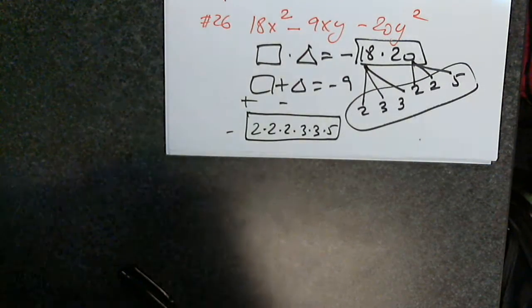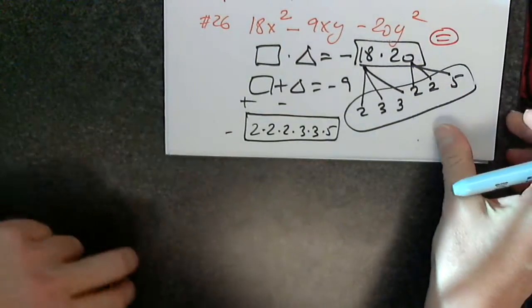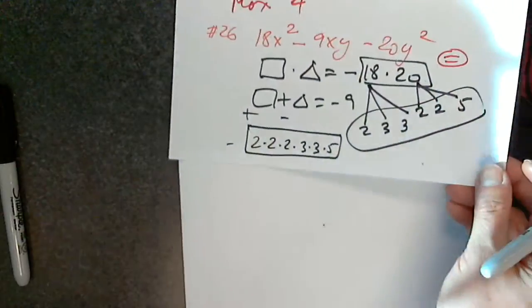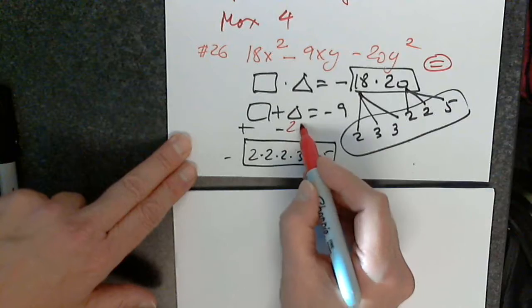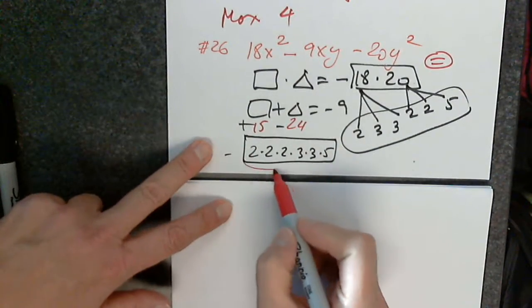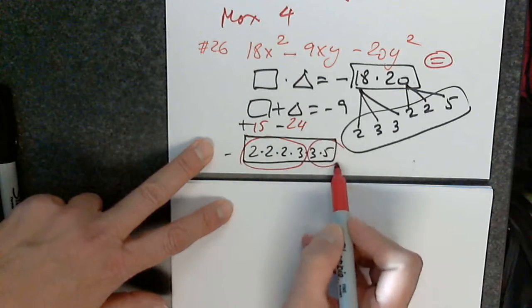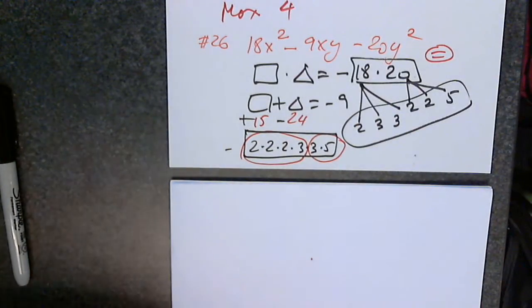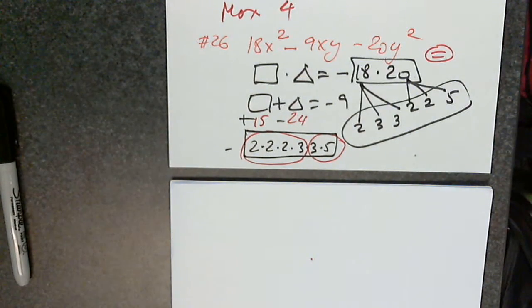So then I know how to present this. First of all, it's negative 24 and 15. This is the 24 and this is the 15. This is what I would have done. With large numbers, I always look at the prime factorization of the number.